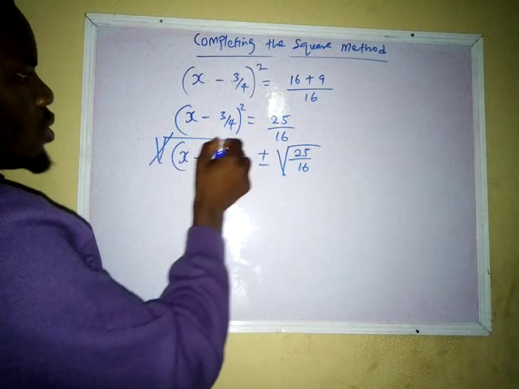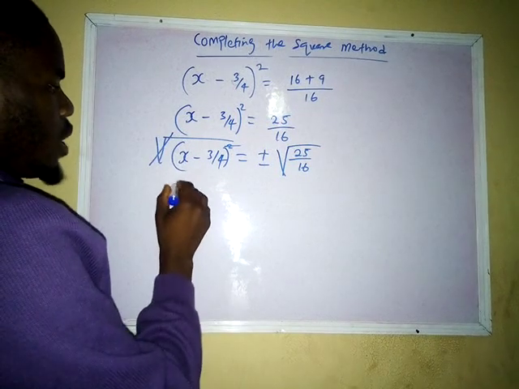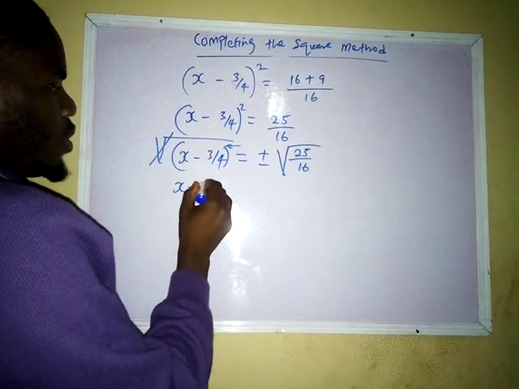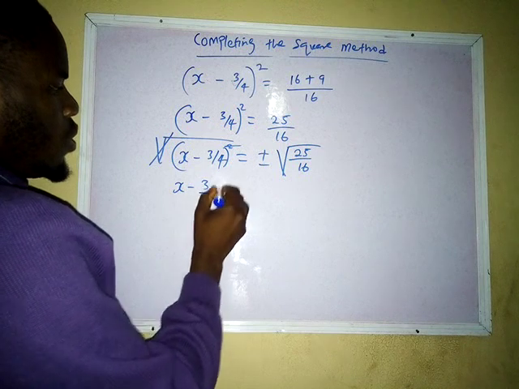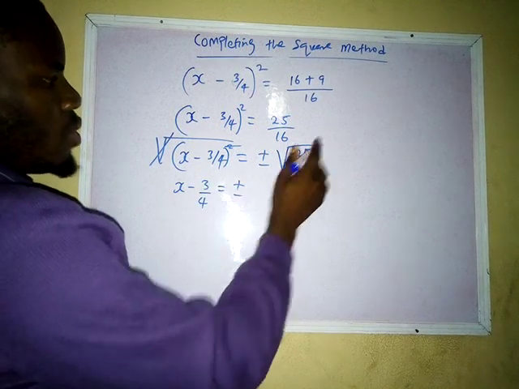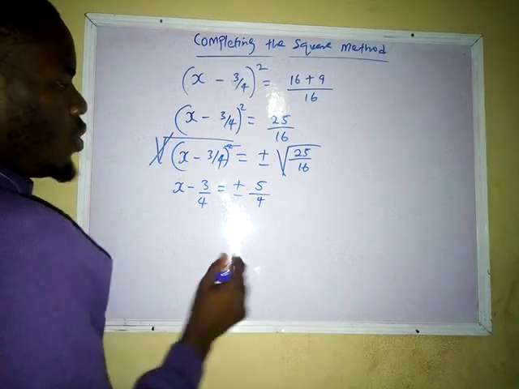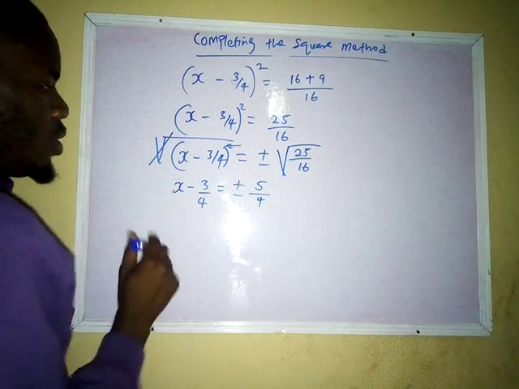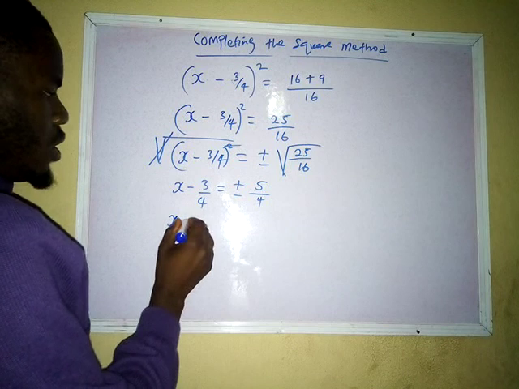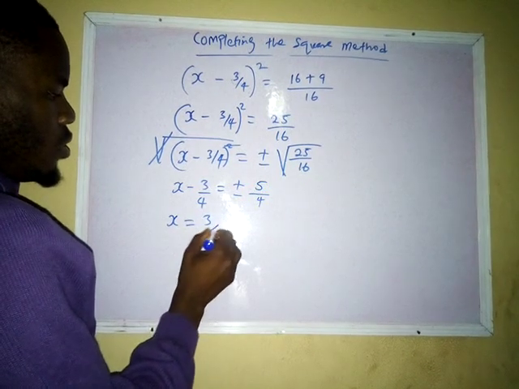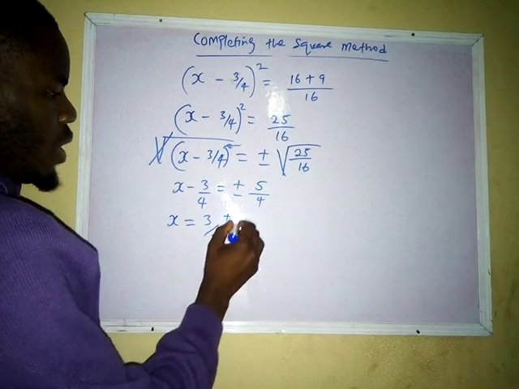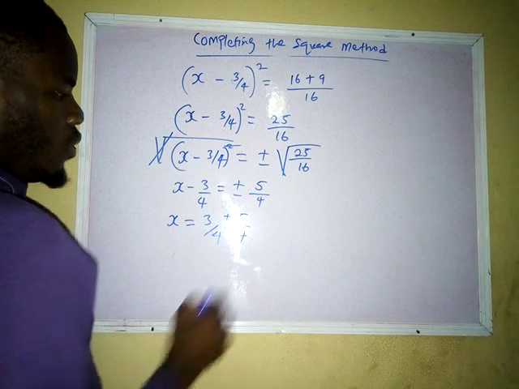Then the square root is gone with the square, so that we are left with x minus 3 all over 4 is equal to plus or minus the square root of 25, which is 5, and the square root of 16, which is 4. Make x the subject, so that we have x is equal to 3 all over 4 plus or minus 5 all over 4.